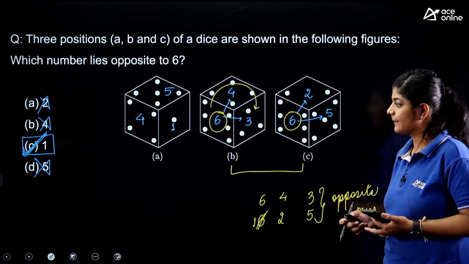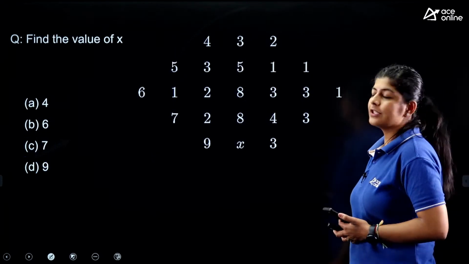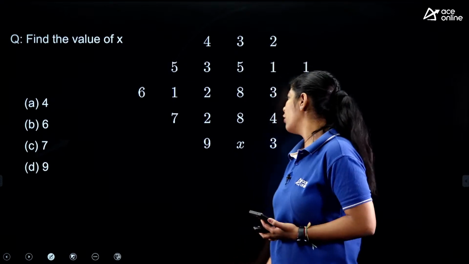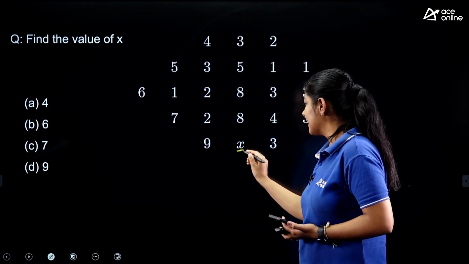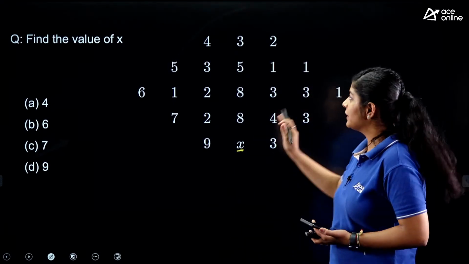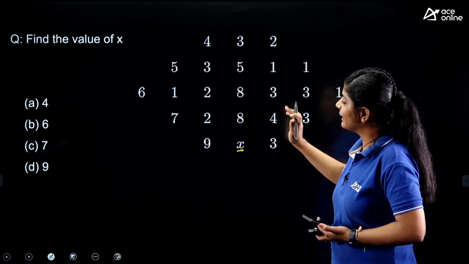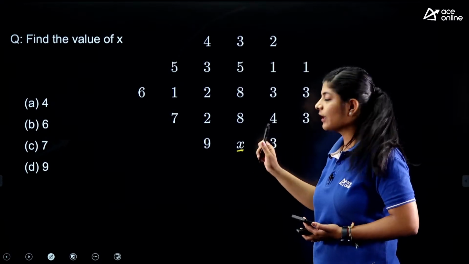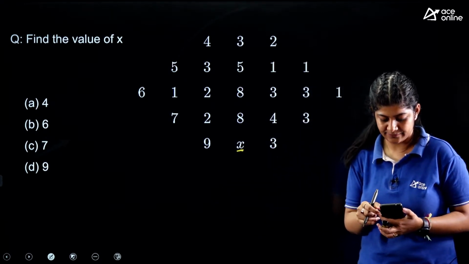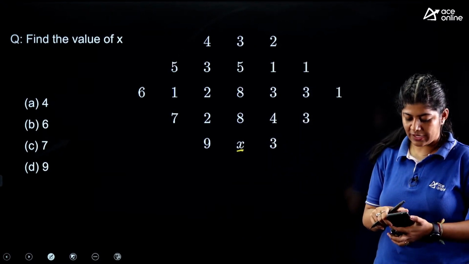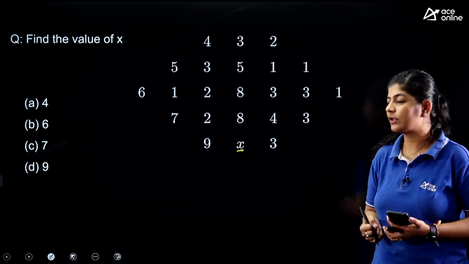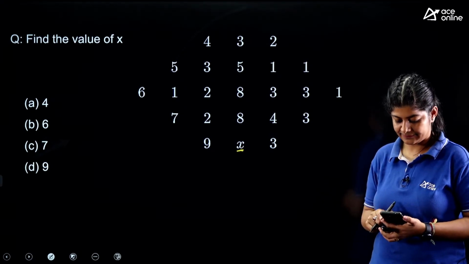Clear? Next. The next question says: find the value of x. Here we have this x, and we simply need to analyze the given data carefully and figure out the value of x.